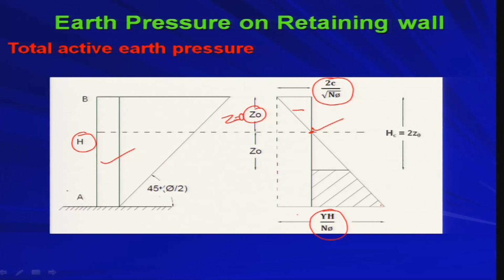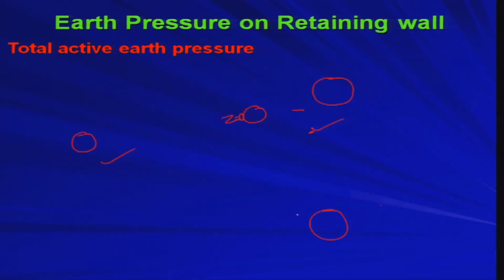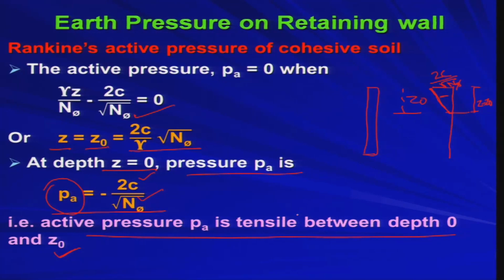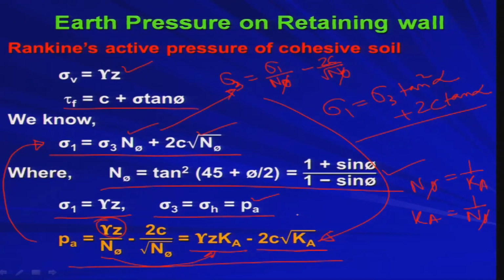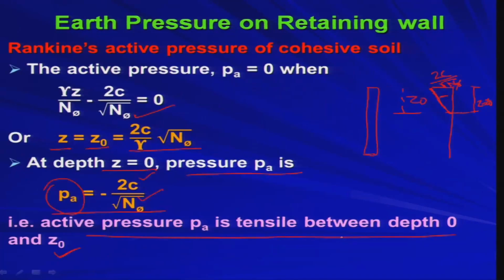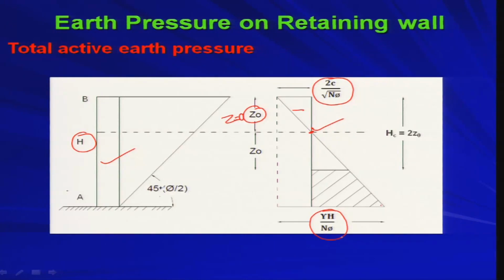So, at z equal to H, what is happening? From the expression itself you can see that at z equal to H, it will be gamma into H into Ka minus 2c into root over Ka. That I am showing here.